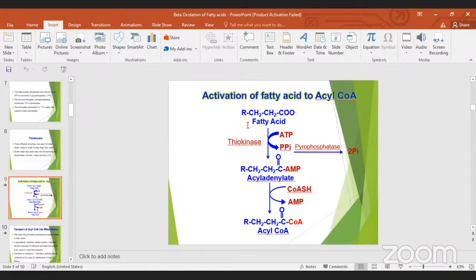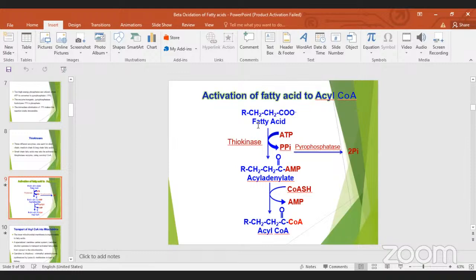The fatty acyl CoA produced re-enters the beta oxidation spiral at step 2.